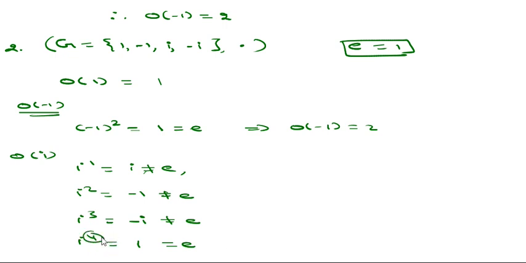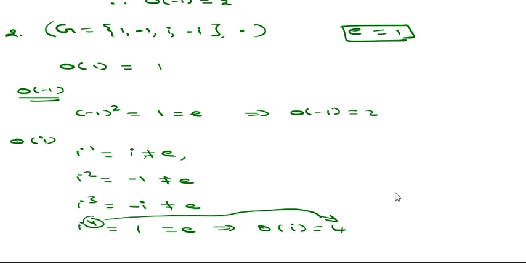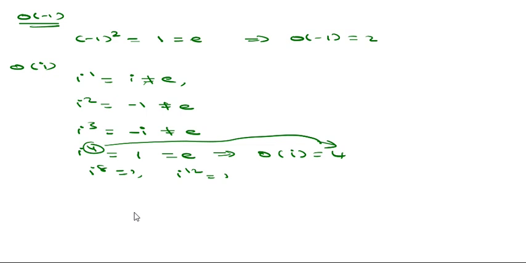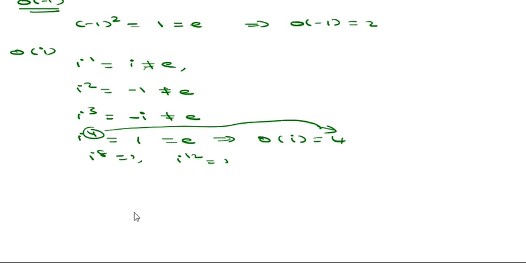Therefore order of i is 4. Here we can also check that i power 8 is also 1 and i power 12 is also 1, but the least positive integer among these is 4. Therefore order of i is 4.